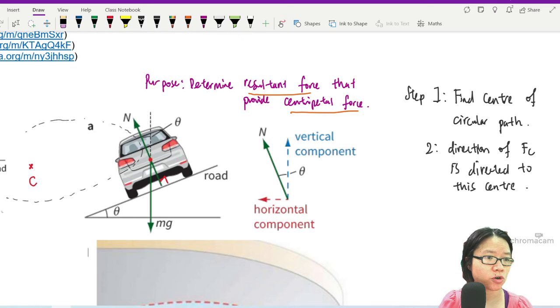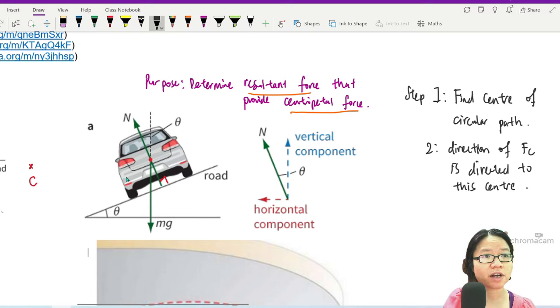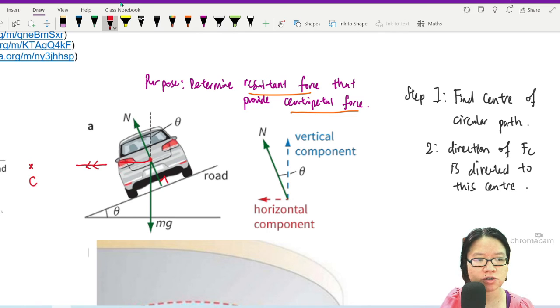Okay, so this is the center of the circular path. It is here. So the direction of FC must be directed here. So I'm just going to draw this one. This is your FC, which happens to be your resultant force.